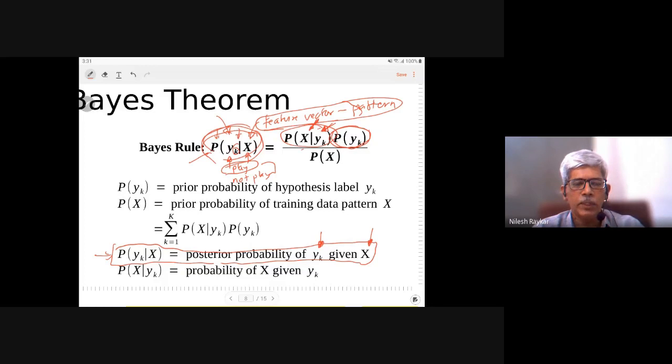This is also based on the training data, or whatever information is available prior to prediction. It is simple: what is the probability of playing tennis? It can be very easily calculated. The problem arises in the first term, how to calculate this particular thing.